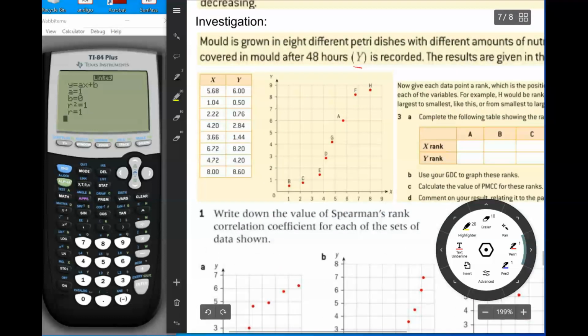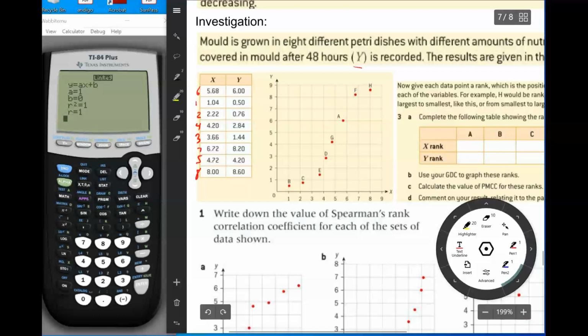We're going to take our X data and our Y data, and we're going to rank it from, say, smallest to largest. Okay, so it looks like this would be the smallest. This would be second smallest, third smallest, fourth smallest, fifth smallest, sixth smallest, seventh smallest, eighth smallest, right?